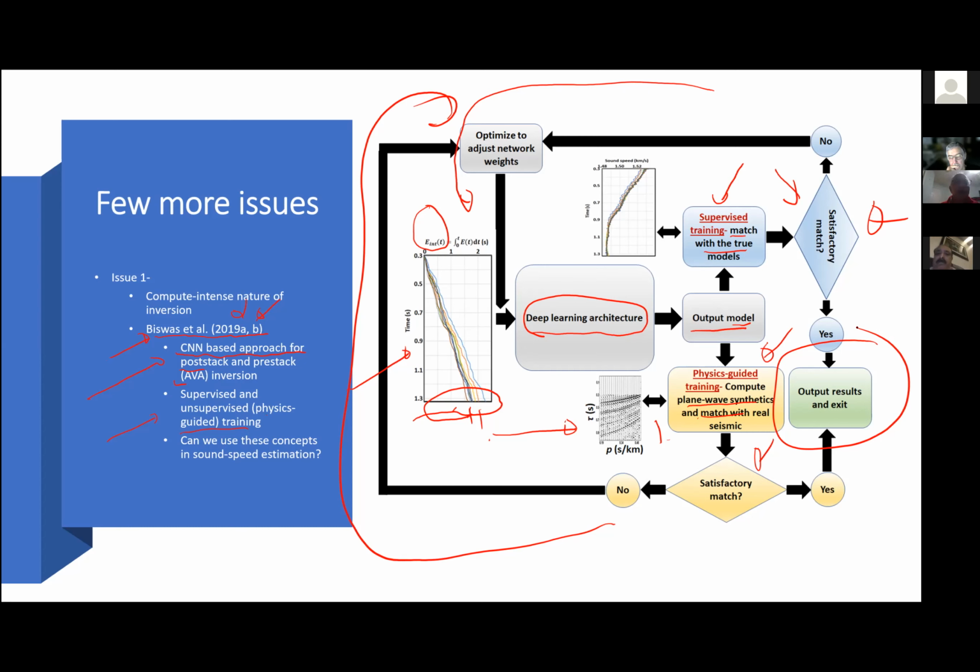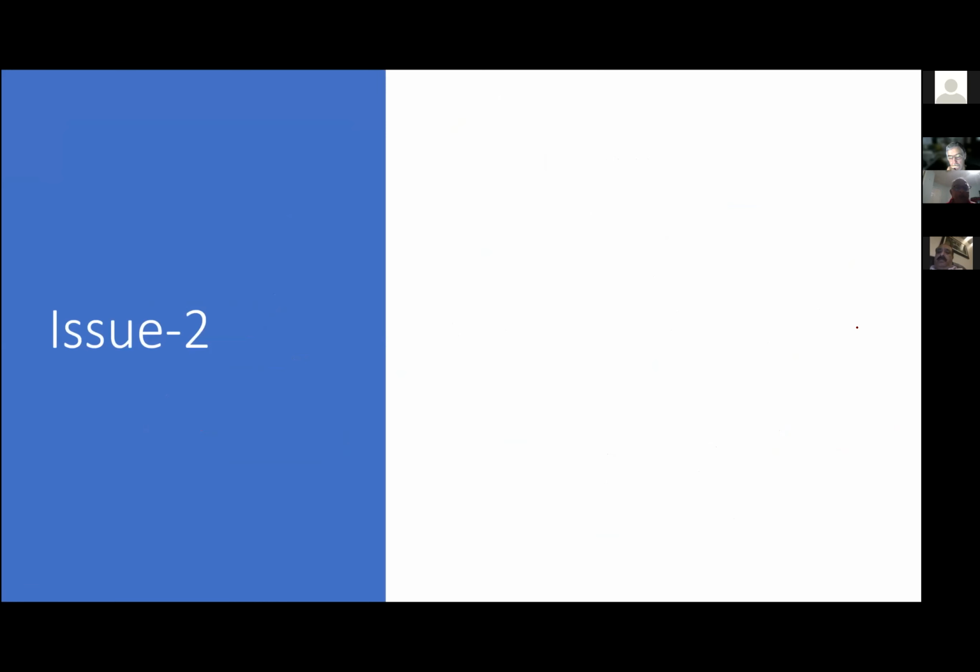Go to Gulf of Mexico data, for example, and try to predict it. That would be a big change in computational efficiency, and that is what should be done.